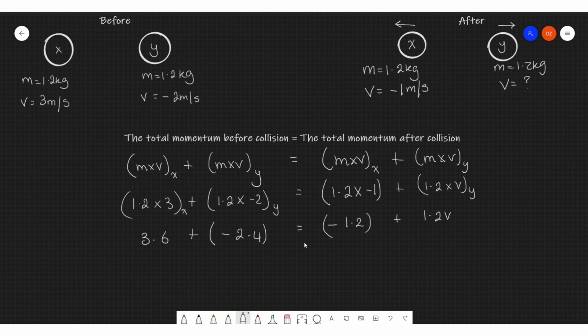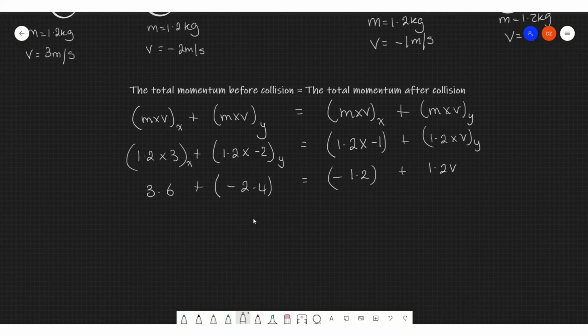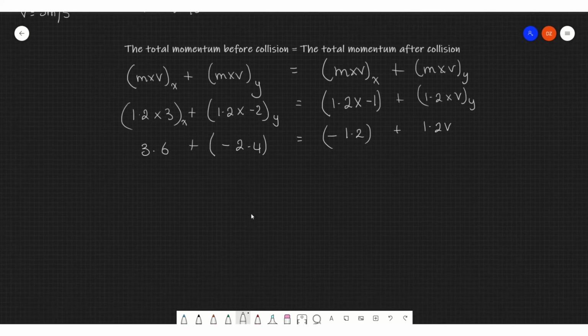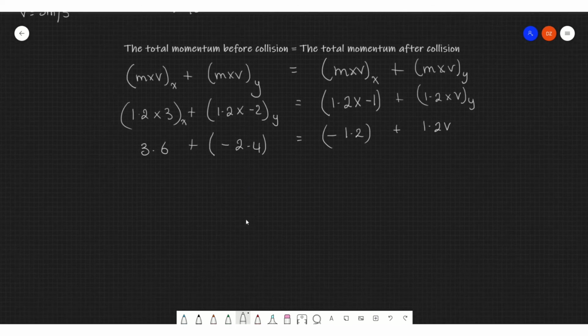Now, the reason I left the negative 2.4 in a bracket is because from your mathematics lesson, you know that a plus and a minus becomes a minus. So that is actually 3.6 minus 2.4, and over here we have negative 1.2 plus 1.2v.